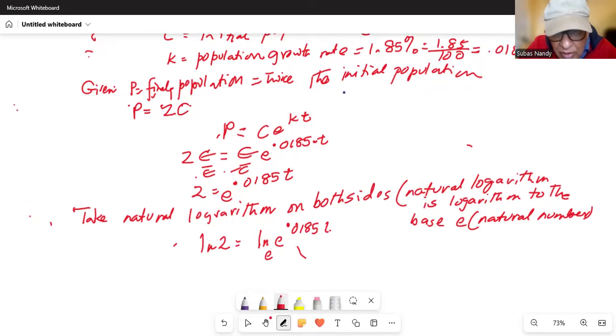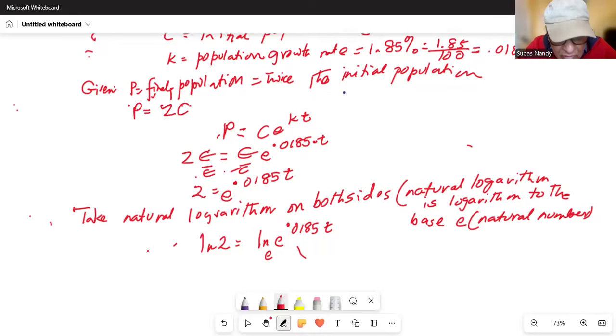0.0185 t. Now, as you know, one of the properties of logarithms is that the exponent becomes a product in front. So the exponent 0.0185 t will be multiplied in the front.